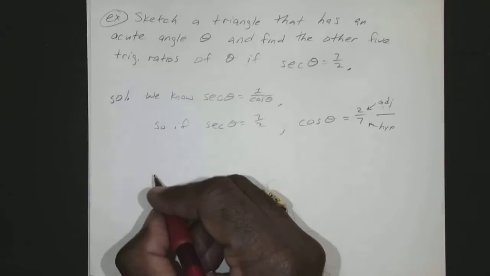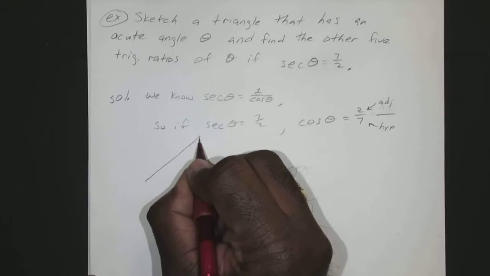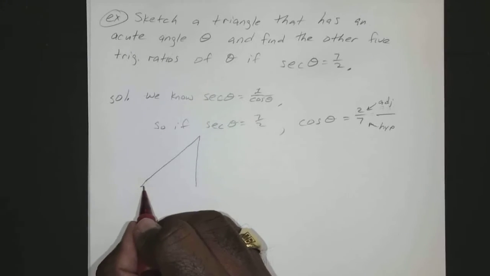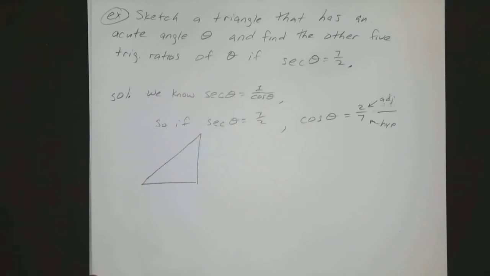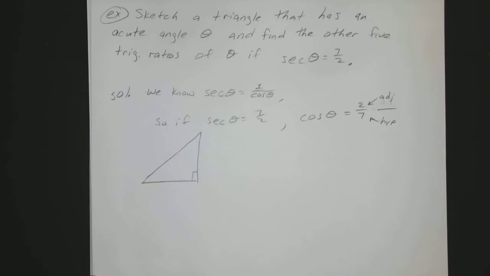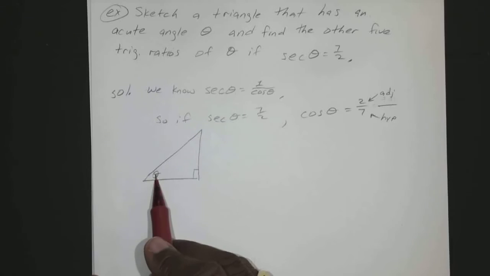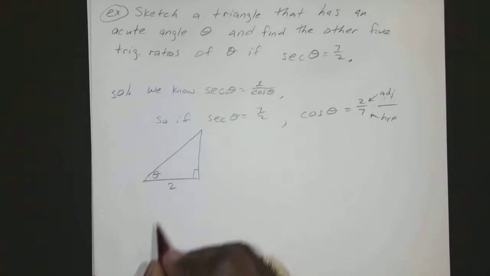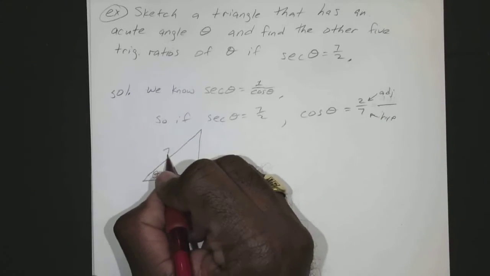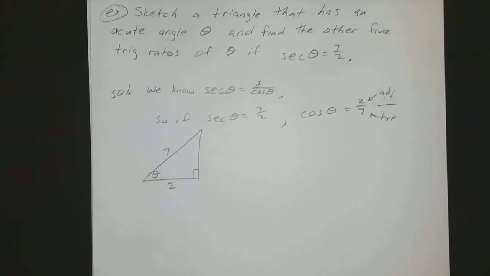Okay, so if we drew a triangle, with that as our right angle, and this is our theta, our adjacent would be 2, and our hypotenuse would be 7. Okay, so we're part of the way there.